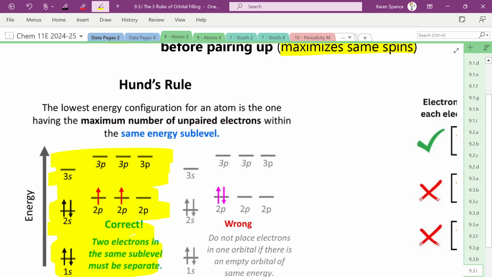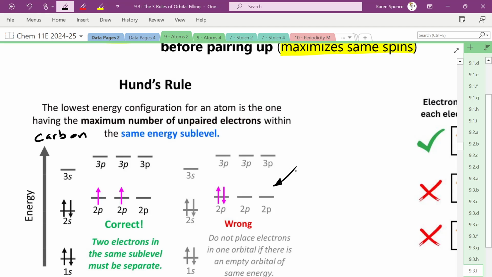Carbon is atomic number 6. Now, so this is carbon. And it is correct to put them in separate orbitals. What is wrong with this one? It disobeys Hund's rule that says they go in singly.